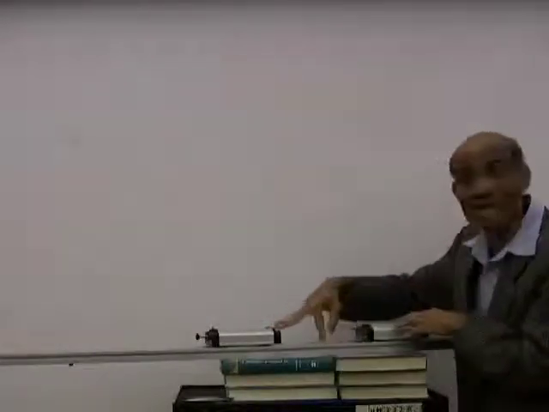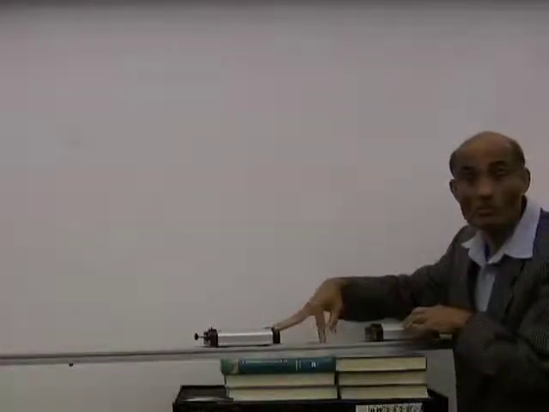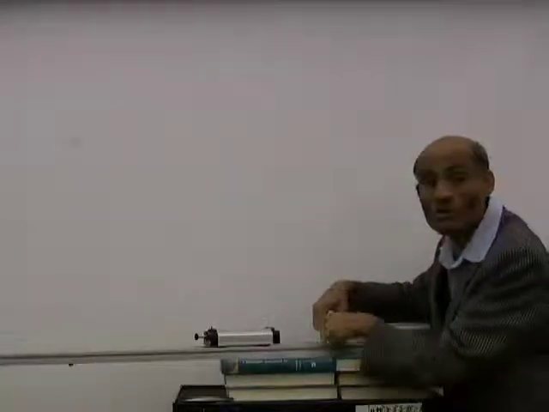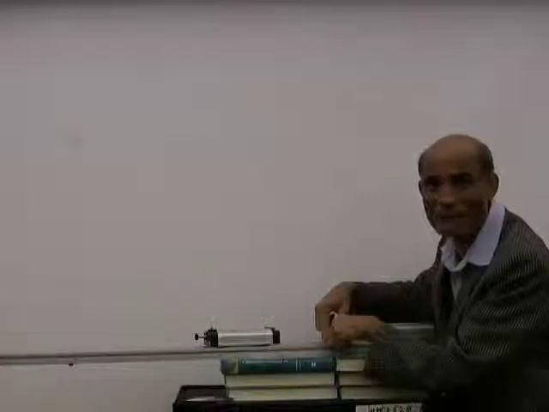And the resultant of those velocities, you can now see the object 1 has a velocity v1, object 2 has a velocity v2, and the velocity of the center of mass we call v center of mass.